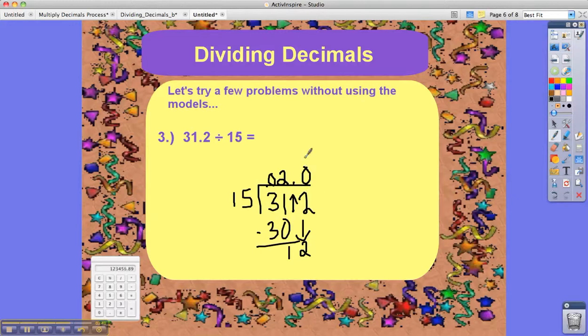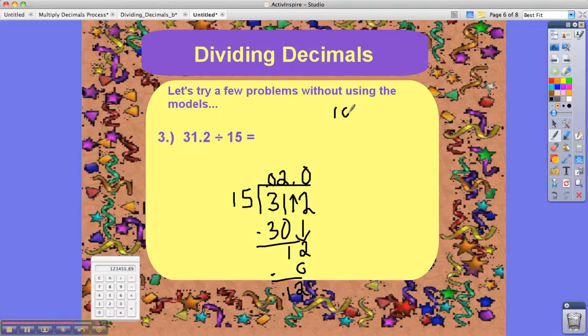What do we do when we run out of numbers to bring down, but 15 times 0 was 0 and we still have 12 left down here? Well, remember, we can add however many zeros after a number and it won't change it.